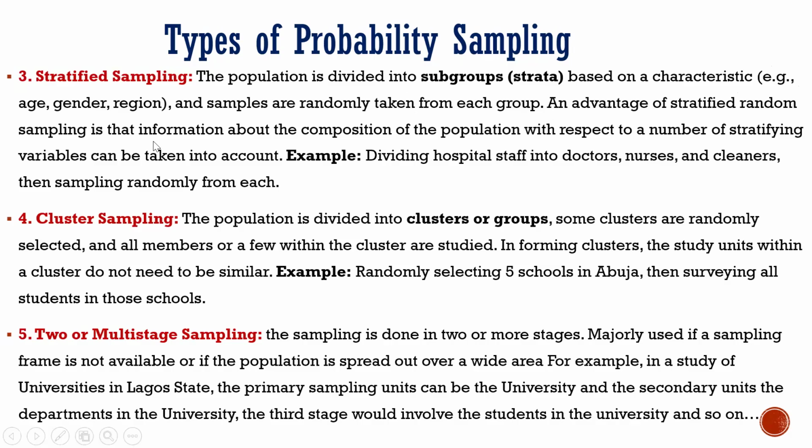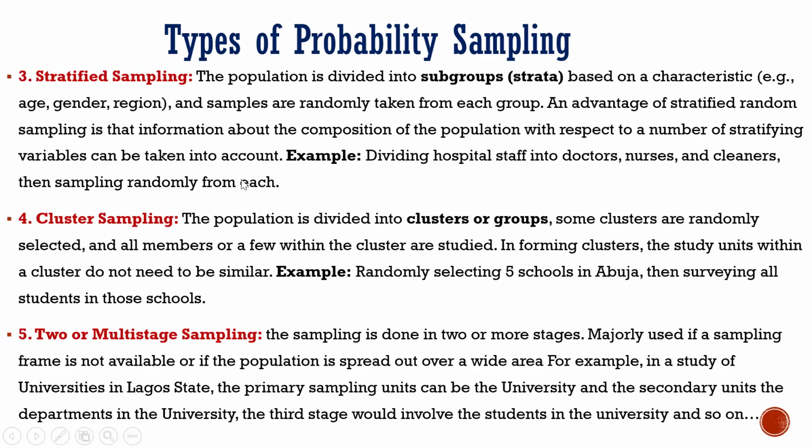So the advantage of this is that the information about the composition of the population with respect to a number of stratifying variables can be taken into account. For example, if you want to conduct an experiment in a hospital, you can divide the hospital staff into doctors, nurses, cleaners, or other groups in the hospital.